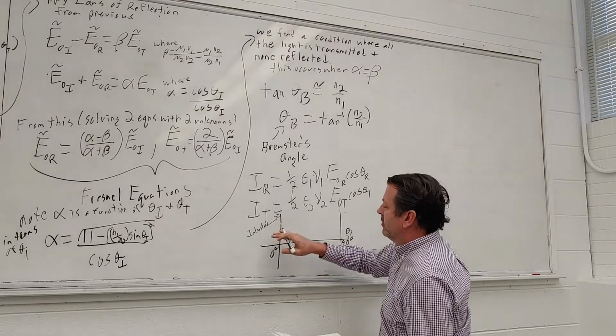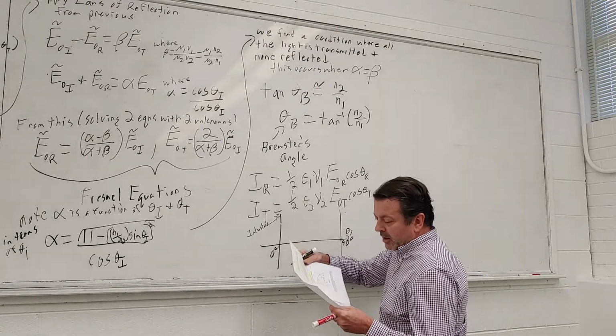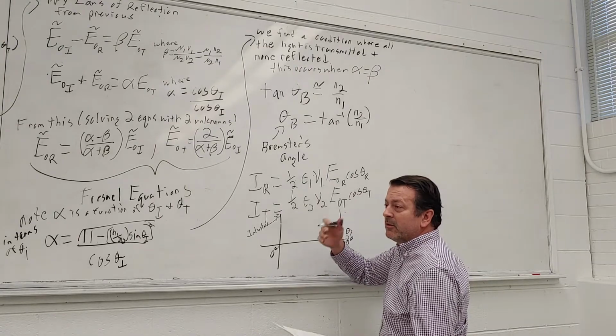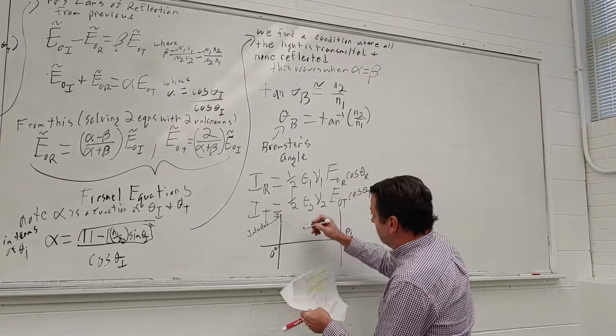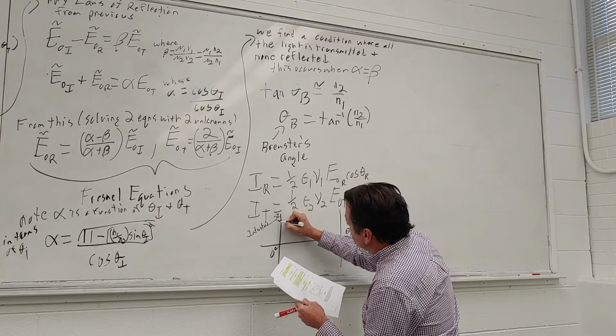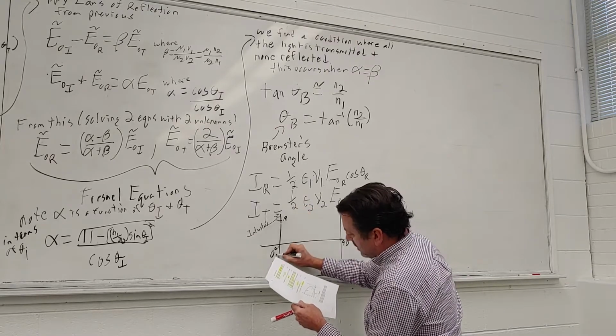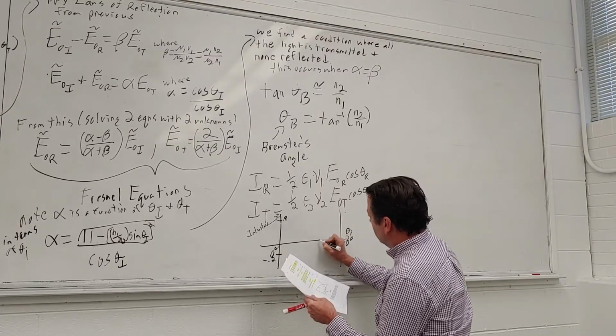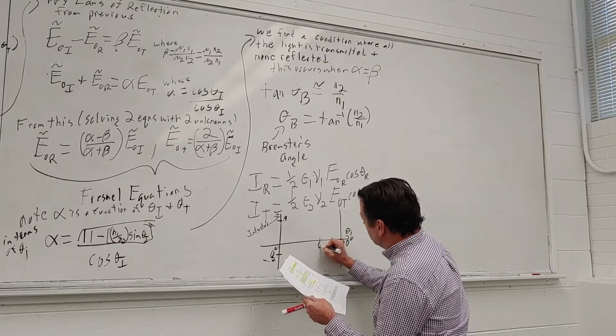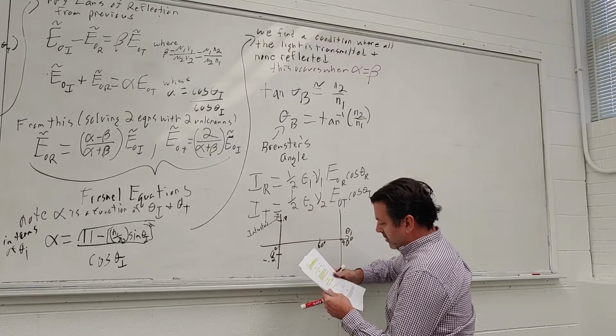They're really plotting reflection and transmission coefficients, but I'm going to do it like the book does. What happens is, this is about 0.8, this is negative 0.2, and you're right about 60 degrees there.